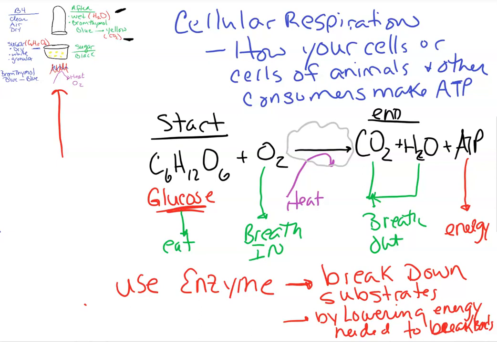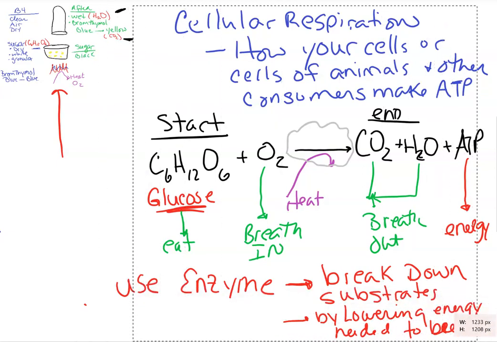So this is cellular respiration, and this is how all consumers, whether you are a fungus or a cow or a human, make energy that we can then use to do cellular reactions.